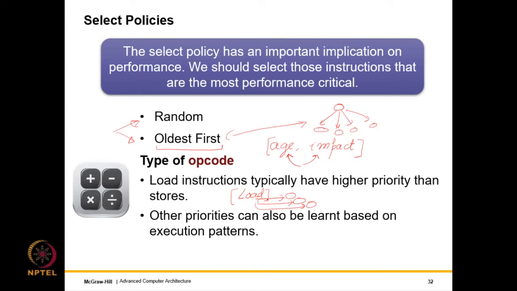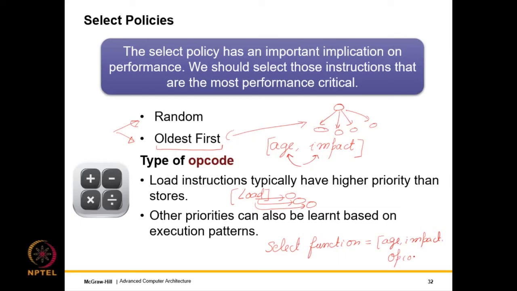So most modern select units design a select function, which is a rather complicated function, and also the function can change over time. So a lot of learning is involved over here, which is a function of the age, the impact of the instruction, as we discussed the number of instructions dependent on it, and also the opcode.